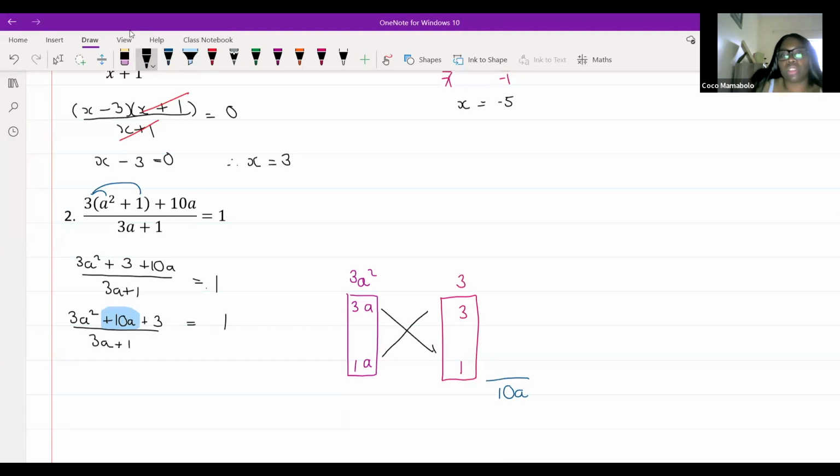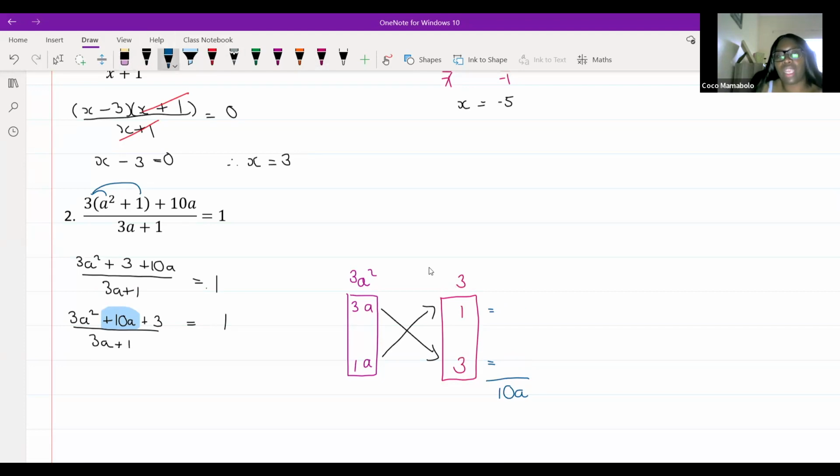Now, let's cross multiply. I'm going to get 1a times 3 will give me 3a, and 3a times 1 will give me 3a. Now, that's not going to give me 10a. It's not helping. So what I can do is maybe switch these two around. I can put 1 there, and I can put 3 there instead. And then let's multiply.